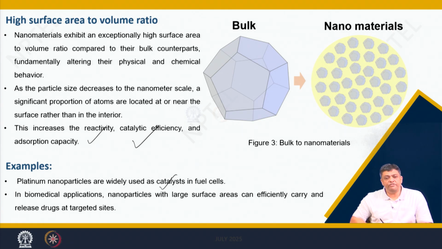I just took this example of fuel cells because after solar cells, batteries, supercapacitors, fuel cell is another technology which is seeing significant revival and renewed interest as we go for off-grid applications or some dedicated applications where large amount of energy is required, but it is not connected to grid.